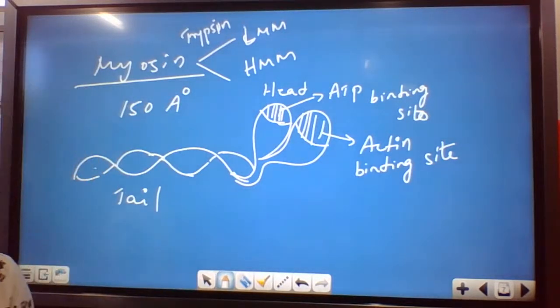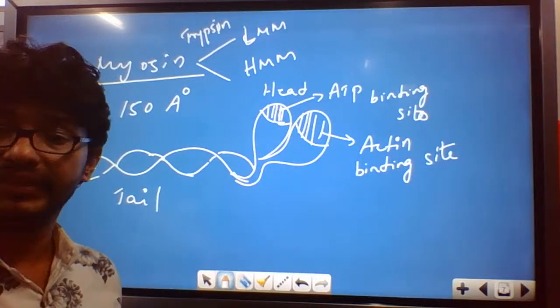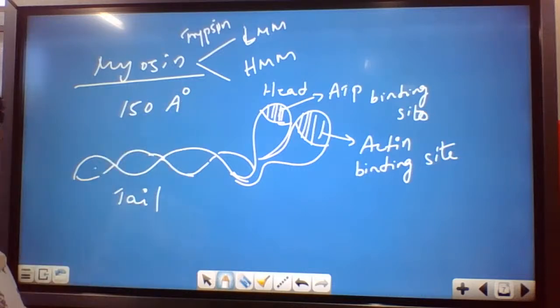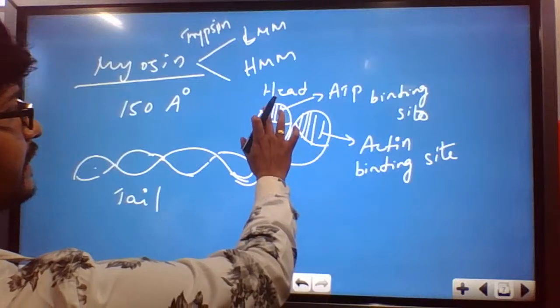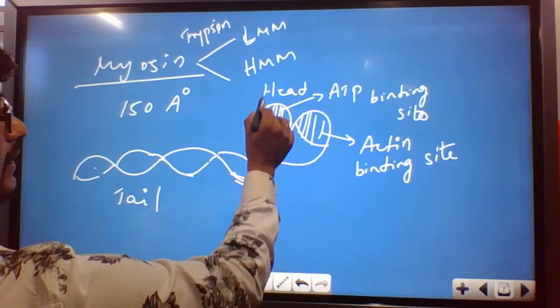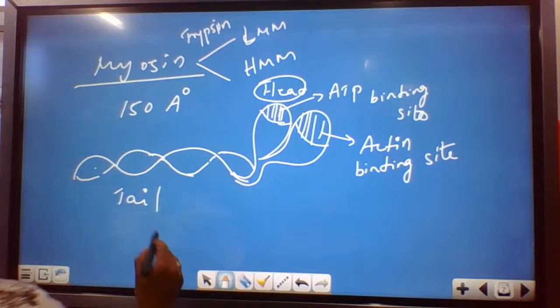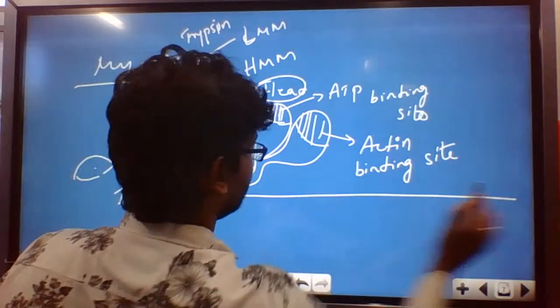When they ask about the size of actin, it is 70 angstrom units. But when it comes to myosin, it is 150 angstrom units. So this consists of two parts. This is the head part. It consists of the ATP binding site and the actin binding site. So next we move on to actin.